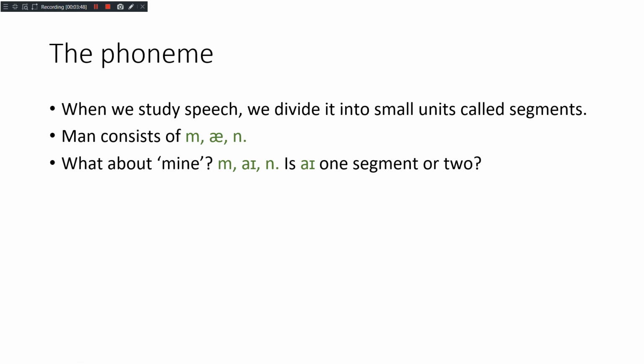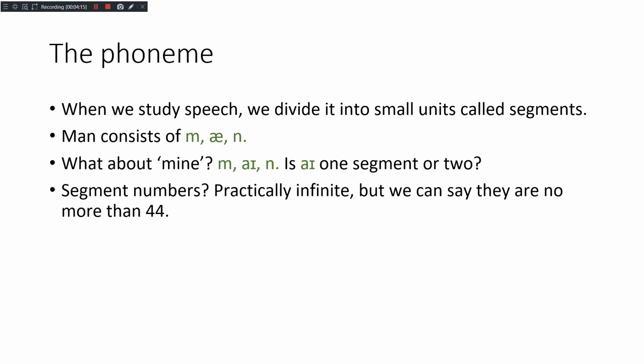If we replace it with a, we get a different meaning. If we change the word from man to mine, then from mine to man, what we change is just one unit, one segment. Therefore, we can decide that it is also one segment in English phonology.